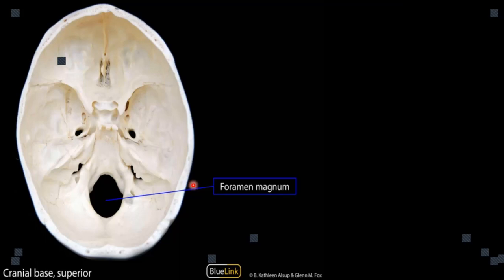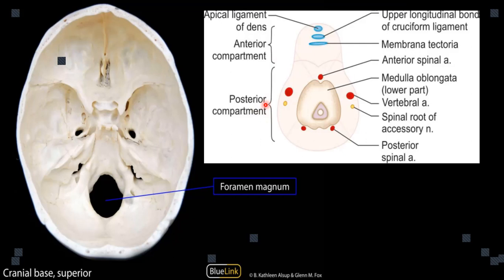Okay, that's the foramen magnum. I told you it has two compartments as shown here, an anterior compartment and a posterior compartment. The anterior compartment is mainly ligamentous and the posterior compartment is mainly the neurovascular compartment. So in the anterior compartment, you find the apical ligament of the dens, which moves from the apex of the dens, the odontoid process of the axis, and passes upwards to be attached somewhere along the anterior margin of the foramen magnum.